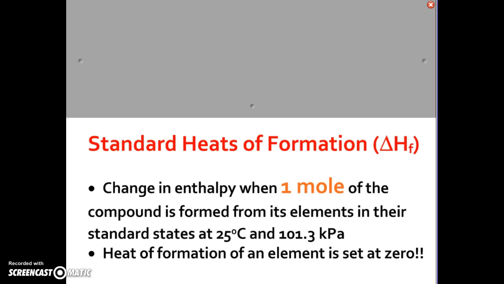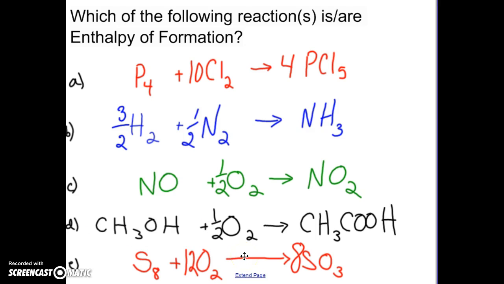If you look at the next slide, you can see that a number of these look like chemical equations forming a compound. But if you consider the definition of enthalpy of formation, to form 1 mole of a compound, you can see that both A and E have to be eliminated because the balanced equation has a coefficient of more than 1 compound being formed.